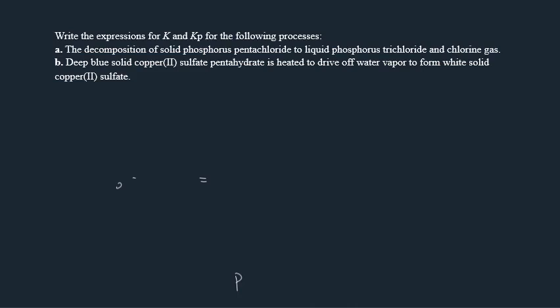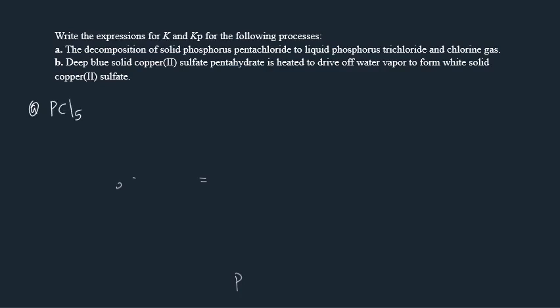Write the expression for Kc and Kp for the following processes, and we can see how that is different when writing Kc and Kp. So the first question is the decomposition of solid phosphorus pentachloride to liquid phosphorus trichloride and chlorine gas. In this case we had to come up with the equation first, and then balance it.